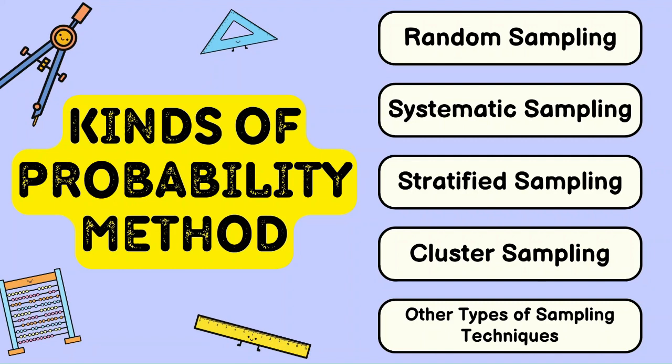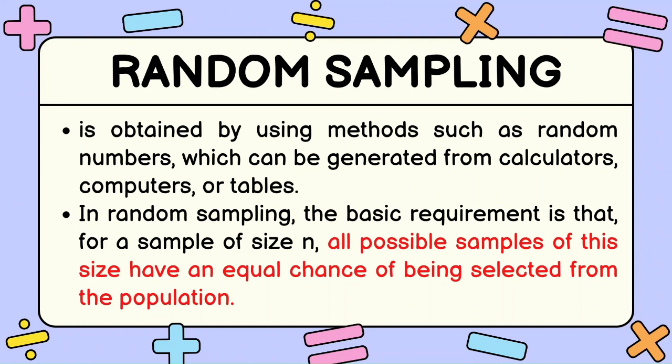Okay. So simple random sampling is obtained by using methods such as random numbers, which can be generated from our calculators, computers, or tables. In simple random sampling, all possible samples of this size have an equal chance of being selected from the population. Remember that this type of sampling can only be used when our sample is small in size.